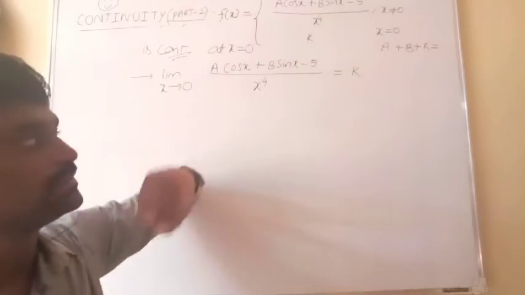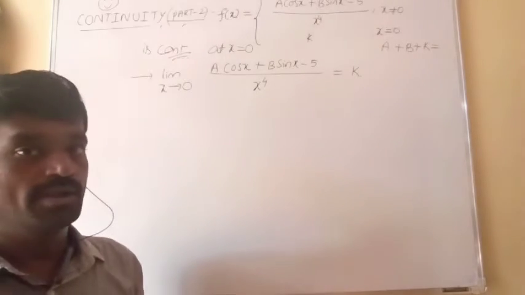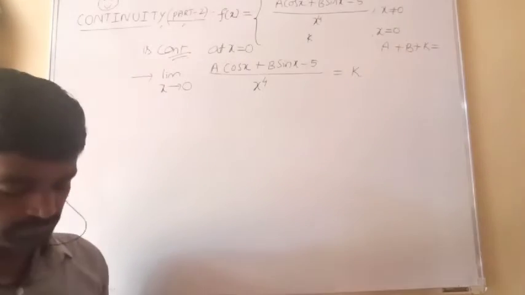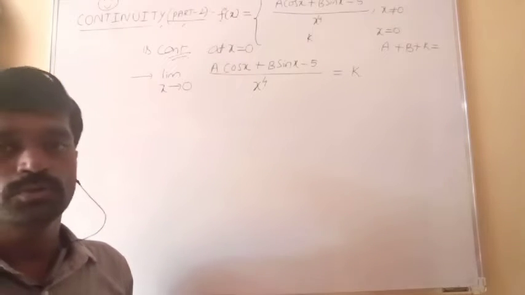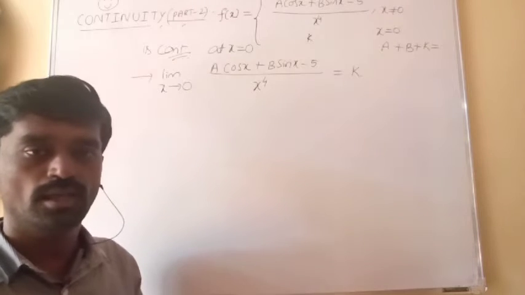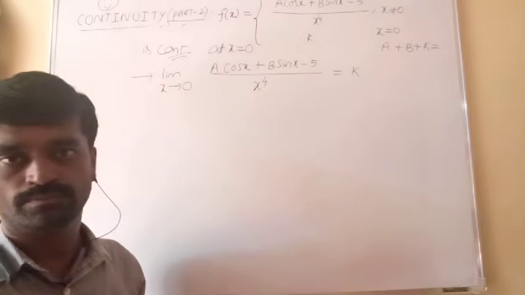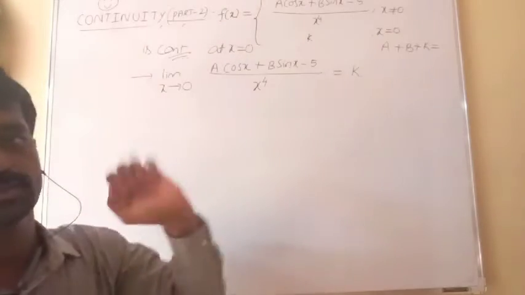So this problem can be done in two different ways: using L'Hospital's rule, and one more method is expansions. I'm using expansions, because if you use expansion, within a single step you get a, b and k values. But if you want to apply L'Hospital's rule, you have to apply it 4 times.